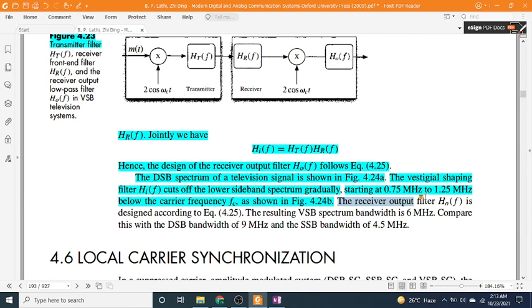The receiver output filter H_o(f) is designed according to Eq. 4.25. The resulting VSB spectrum bandwidth is 6 MHz. Compare this with the DSB bandwidth of 9 MHz and the SSB bandwidth of 4.5 MHz.